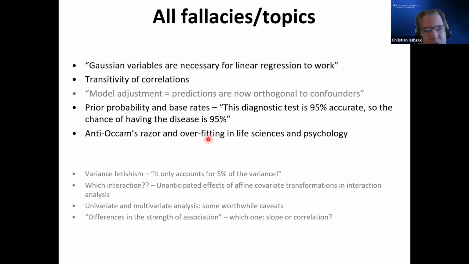Then these last 2 are more standard, and they're not fallacies as much as points of clarification, in particular about probability and base rate. I think this is really pertinent right now with COVID. Also, I find it very useful for any kind of diagnostic testing that you might undergo in your own medical care. It's good to keep this in mind.